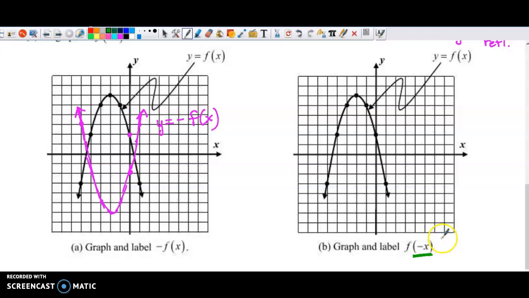When you negate x, it is a y-axis reflection. And what might make more sense is that what's on the y-axis stays on the y-axis. What's 1 unit to the left is going to become 1 unit to the right of the y-axis. 1 unit to the right goes 1 unit to the left.